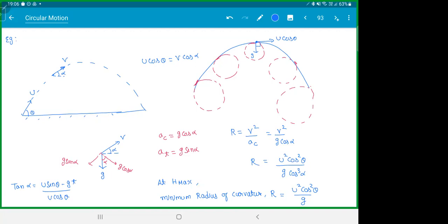Check it out. This is how the last questions go. Find the radius of curvature when the angle becomes alpha. Find the tangential acceleration after time t. Find the centripetal acceleration after time t. So you can ask questions even for a projectile motion.